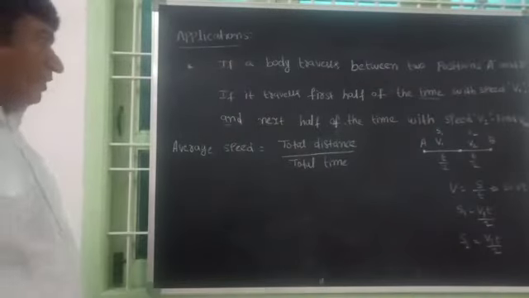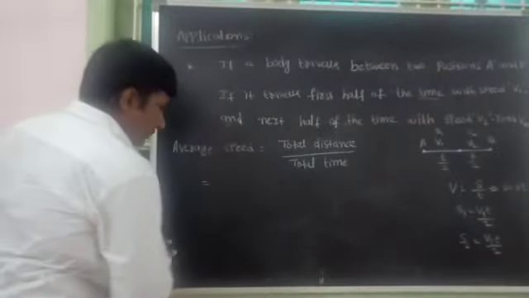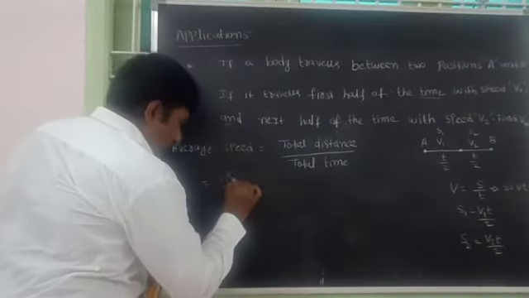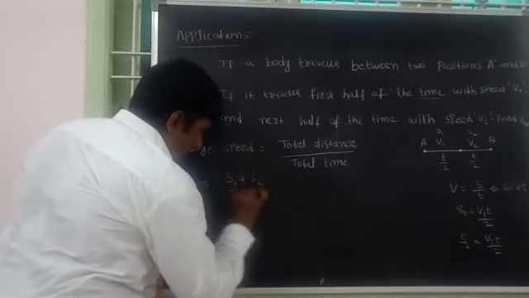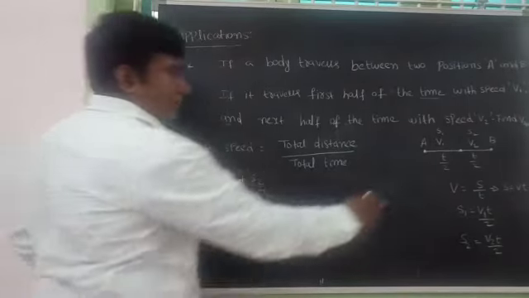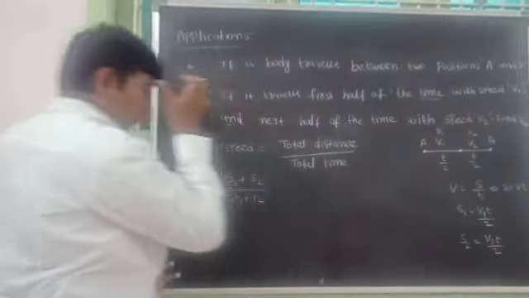By substituting those values, I get total distance s1 plus s2 by t1 plus t2. Let us consider this is the t1 value, this is the t2 value.